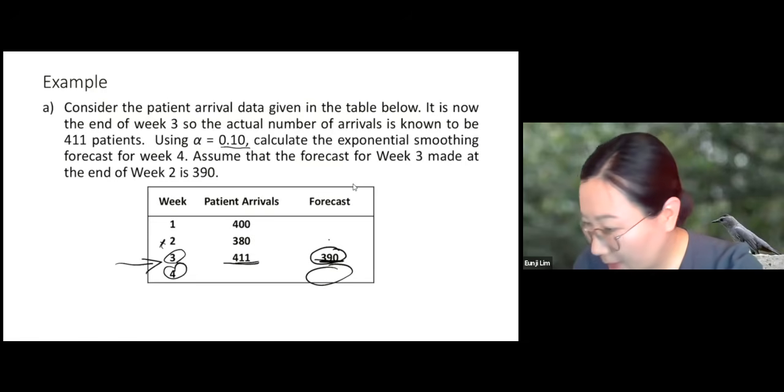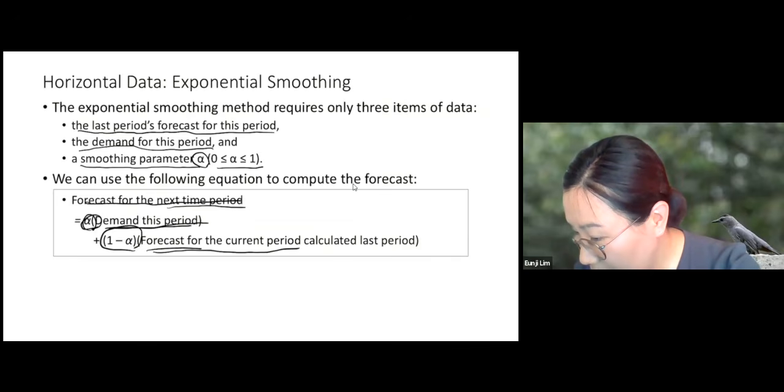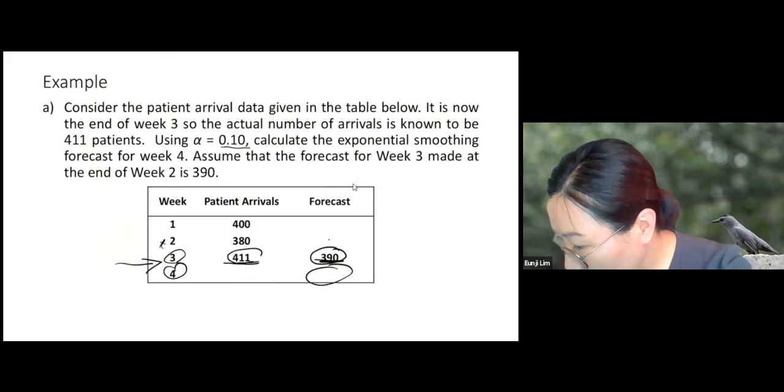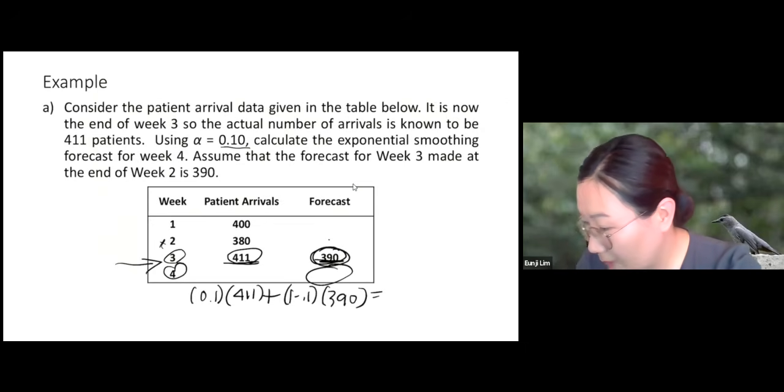According to the formula right here, the forecast for the next time period is demand in this time period times alpha plus forecast for this time period times 1 minus alpha. So take the demand for this time period times alpha, which is 0.1, plus the forecast for this time period times 1 minus alpha, and then add them up.